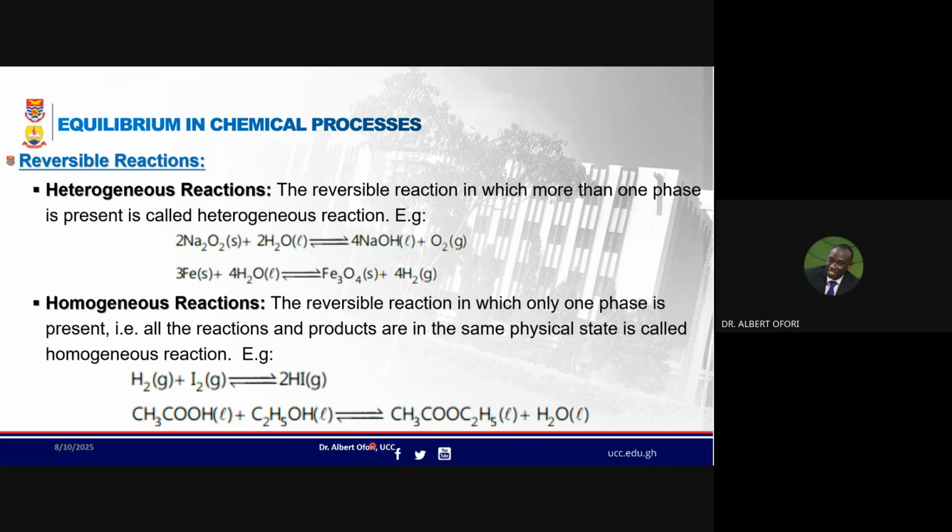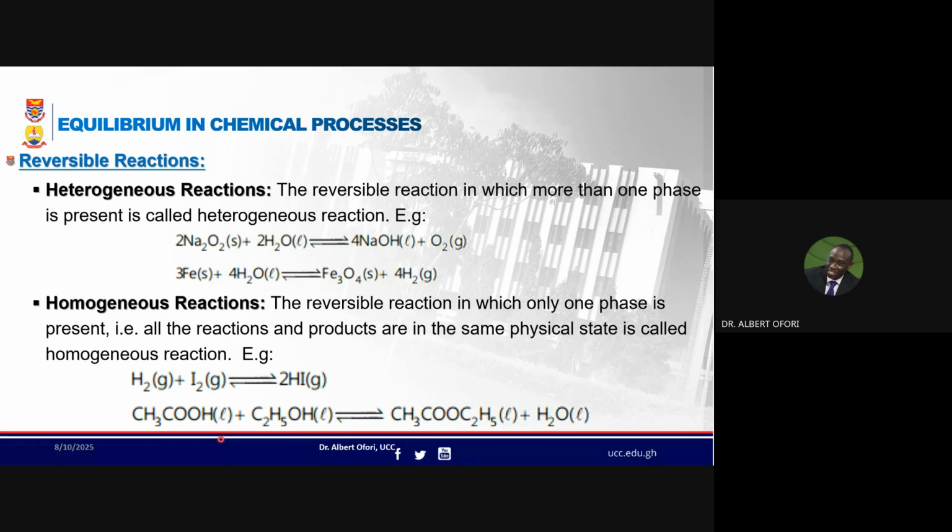We can also mention that when the phases are the same, we say that we are dealing with homogeneous mixtures or homogeneous reactions. For example, hydrogen is gas, iodine is gas, and they form hydrogen iodide, which is also a gas.